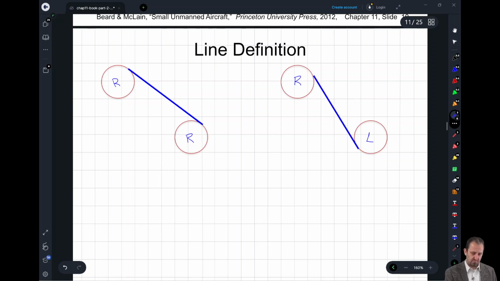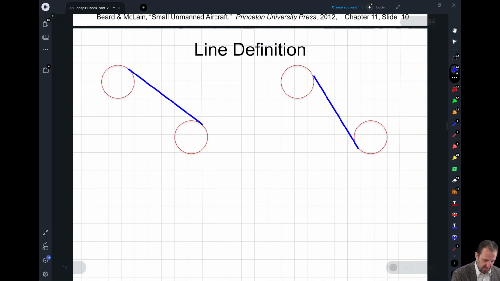It's going to be a similar thing if we did left-left versus left-right. So we can see that we're going to be changing the orientations. I'm just going to erase the actual orientations, and we'll just start playing with these two different types of circles.